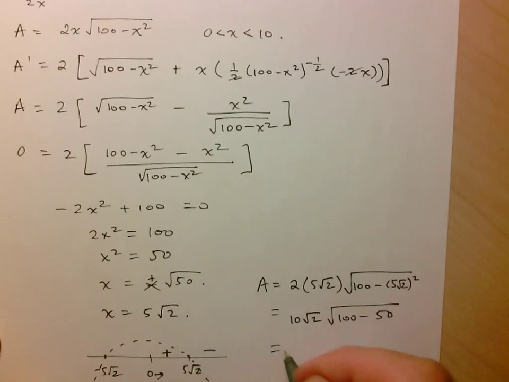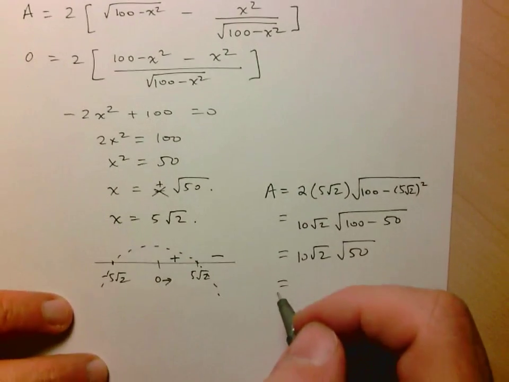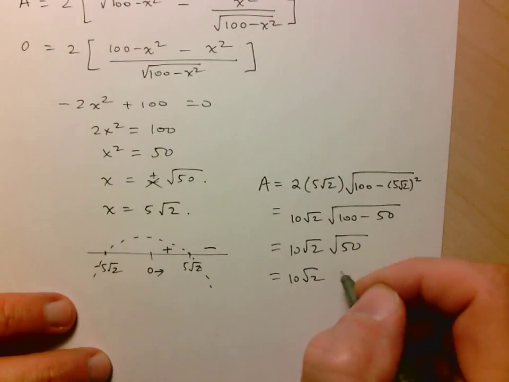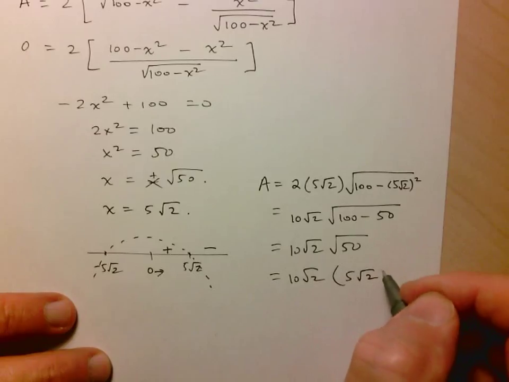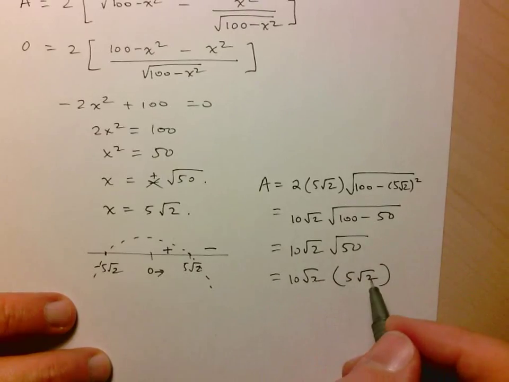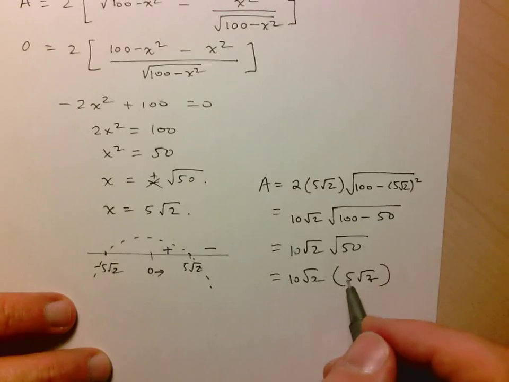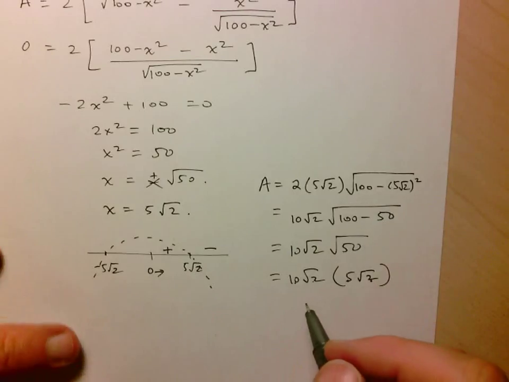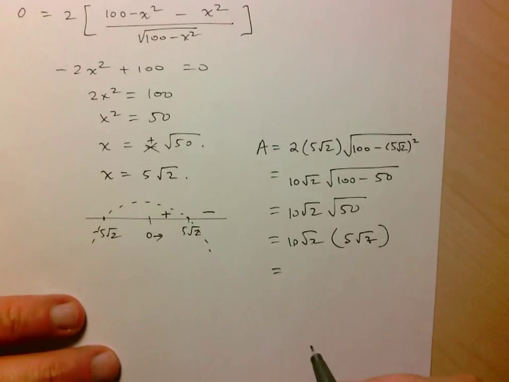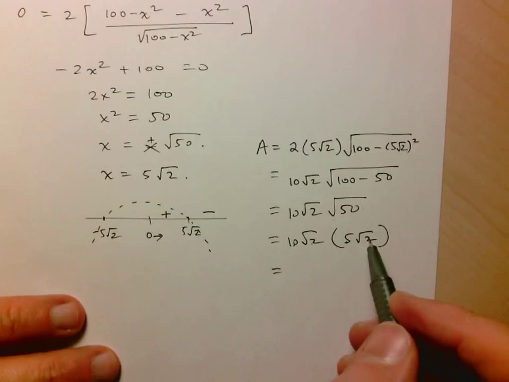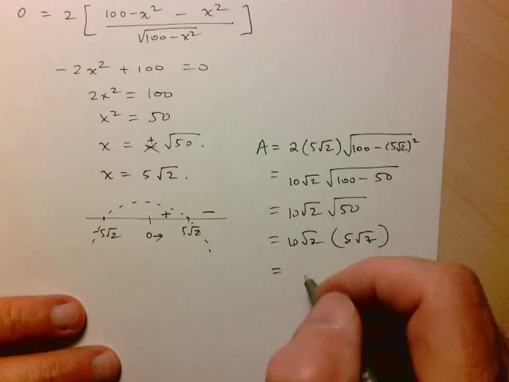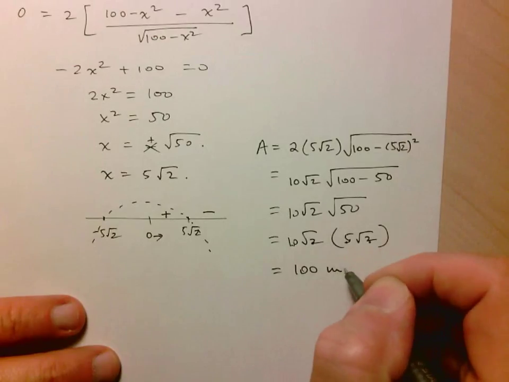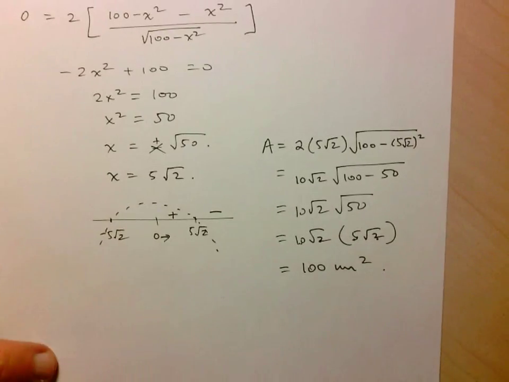So 10 root 2 times root 50. But we can just keep going here, because root 50 can be written as 5 root 2. Root 2 times root 2 is root 4, so that's 2, times 5 is 10, times 10 is 100. So 100 units squared. And that's our answer.